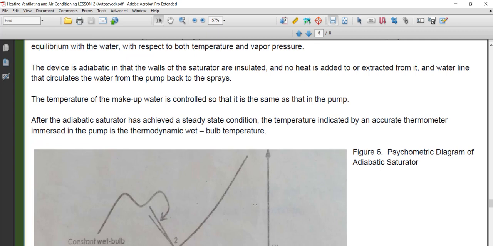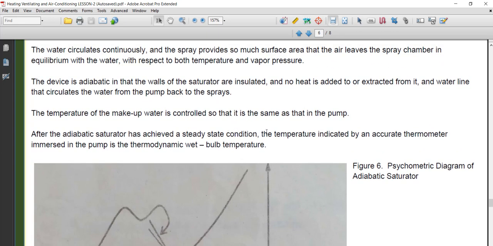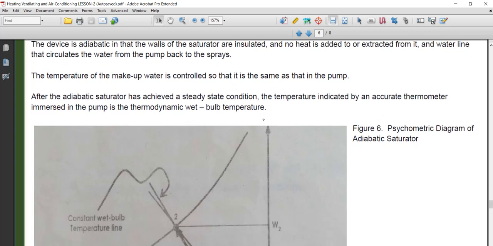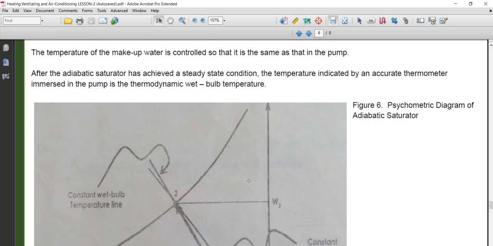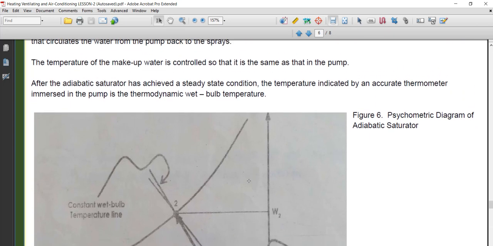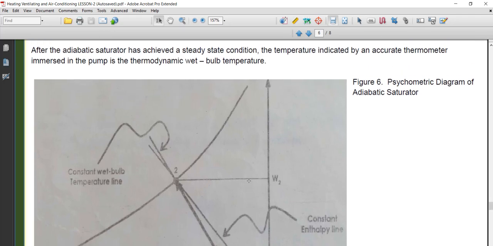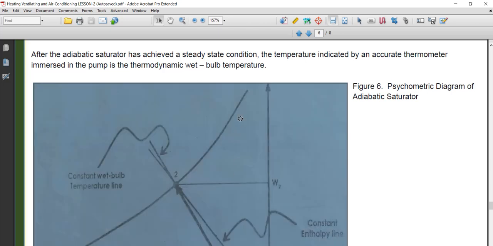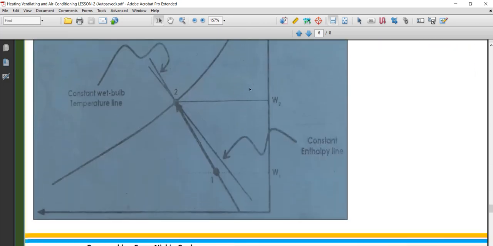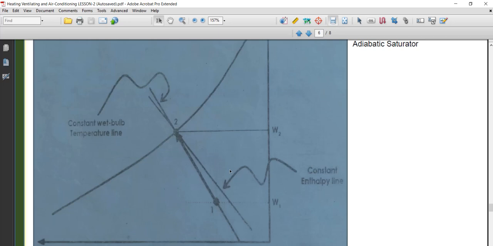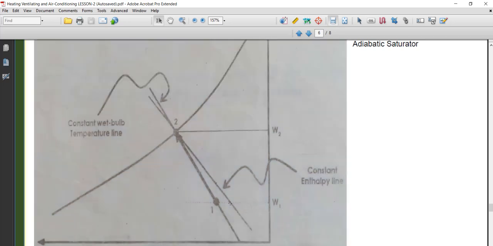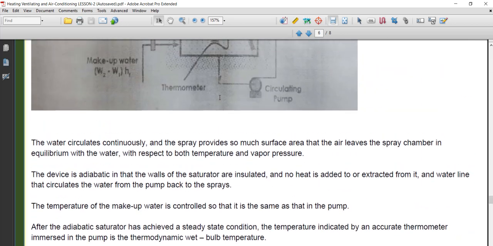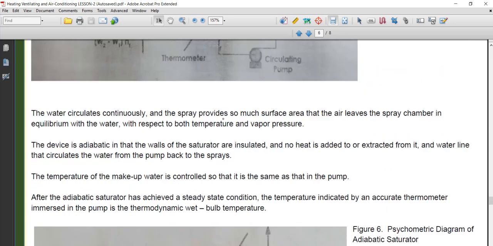After the adiabatic saturator has achieved a steady condition, the temperature indicated by the thermometer is the thermodynamic wet bulb temperature. Here we have the psychrometric diagram of the adiabatic saturator. You will notice the humidity starting from here, that is 0.1.